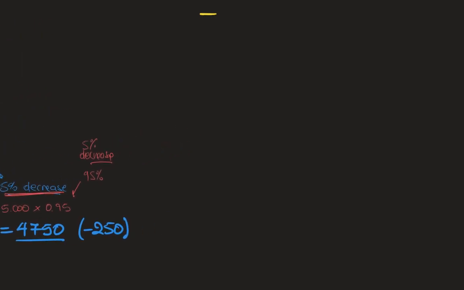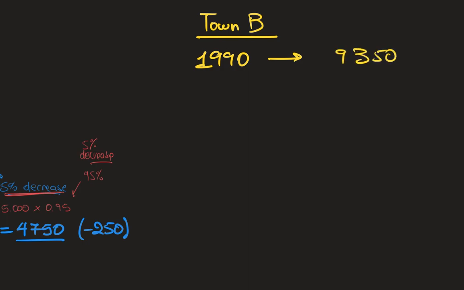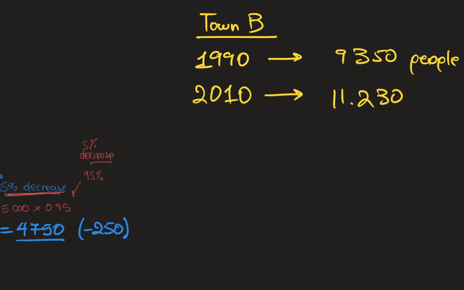Let's say we have a town B, and in 1990, again, the population of the town was 9,350 people. And then 20 years later, in 2010, the population is now 11,230 people.